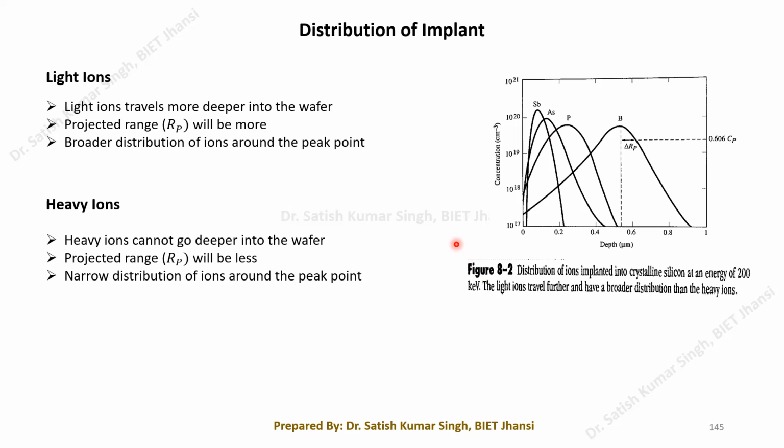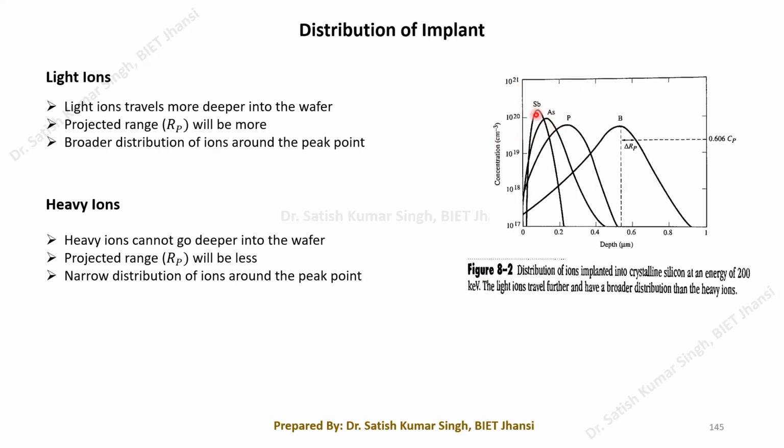Obviously, if it is a light atom it will go deeper, and if it is a heavy atom it will be available in the shallower region, not deep inside the material. So this is what we have to understand.